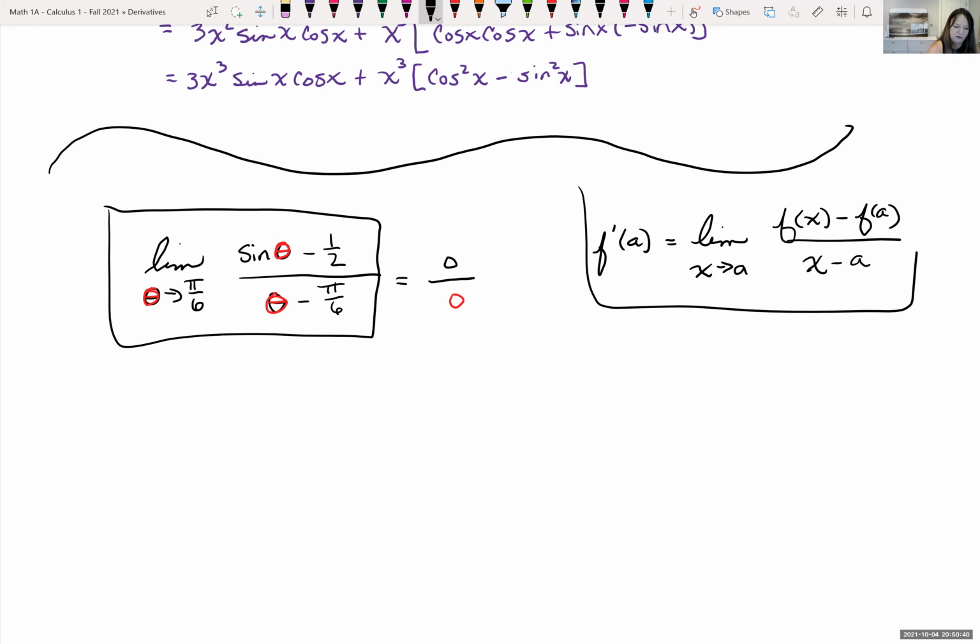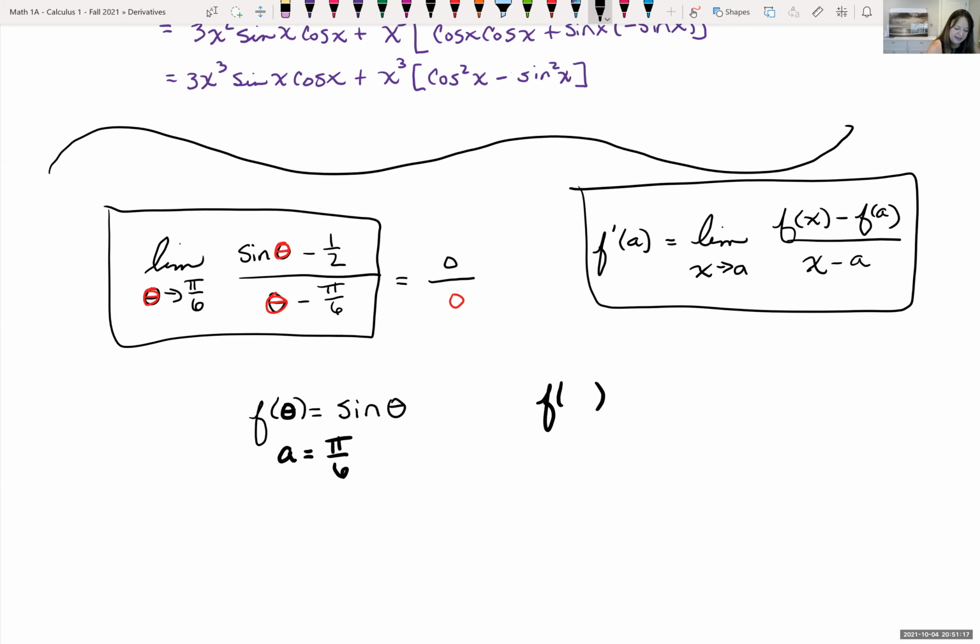If you think of the derivative in that alternative form, my function is f of x. In our case, f of theta would be sine theta. It doesn't have x in there. And my a value in this case is pi/6.